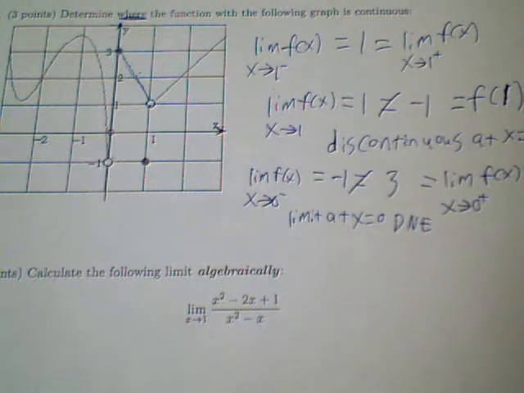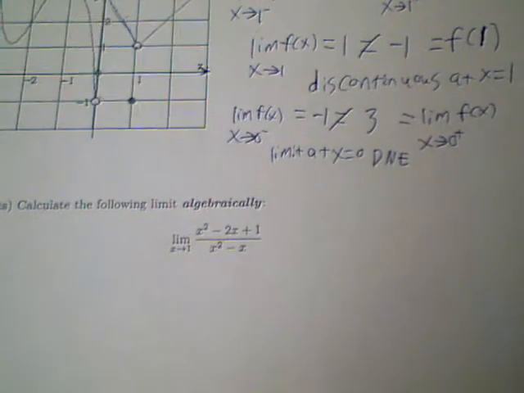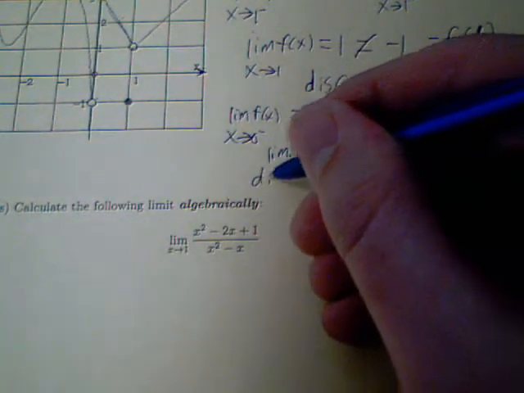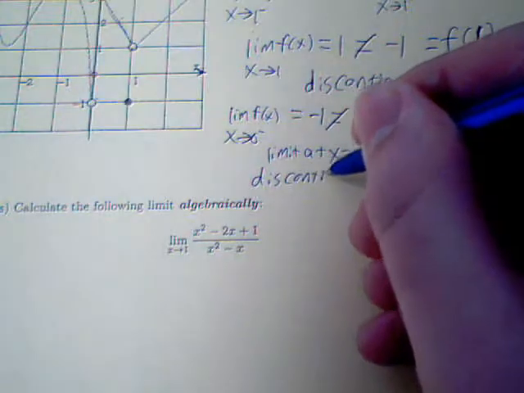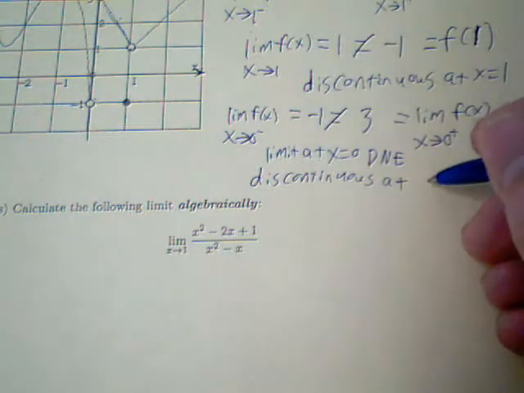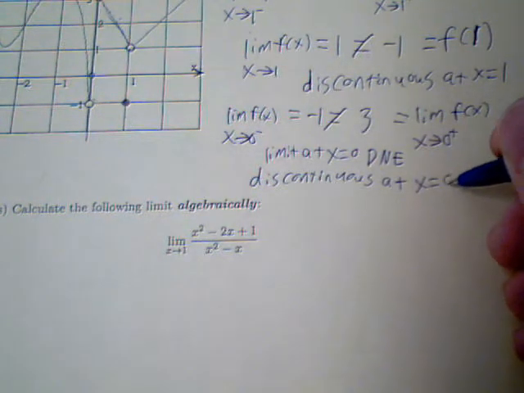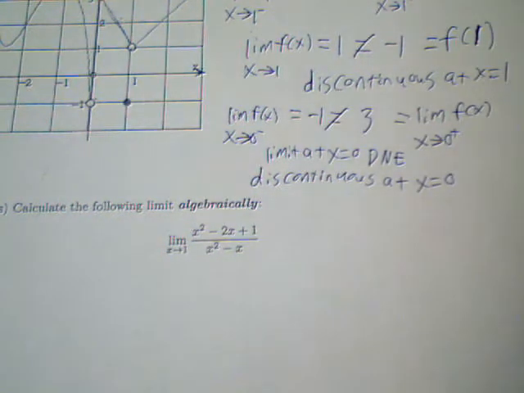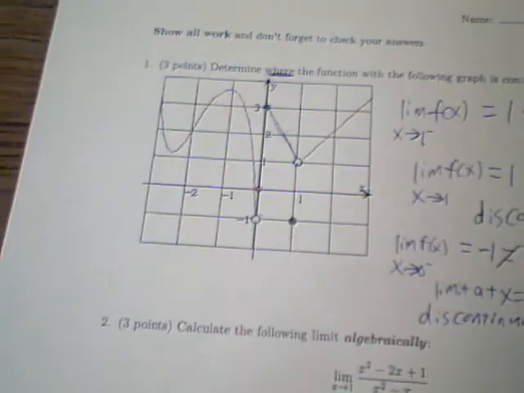And if the limit doesn't exist at a point, then it's not continuous at that point. So we're discontinuous at x equals 0 and at x equals 1. Take a look at everywhere else.